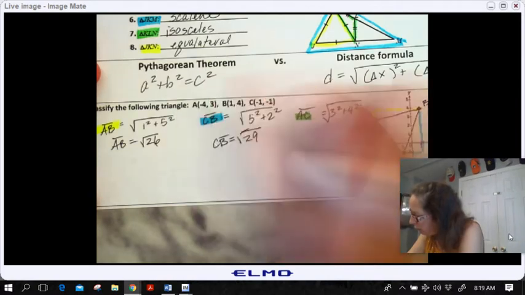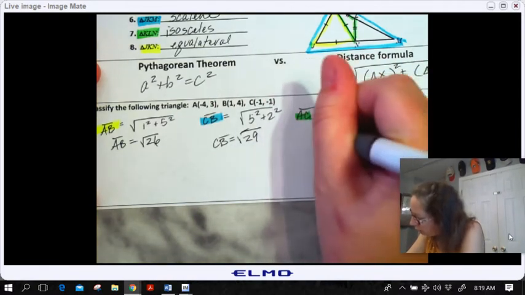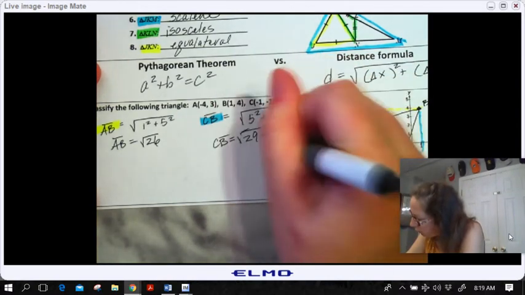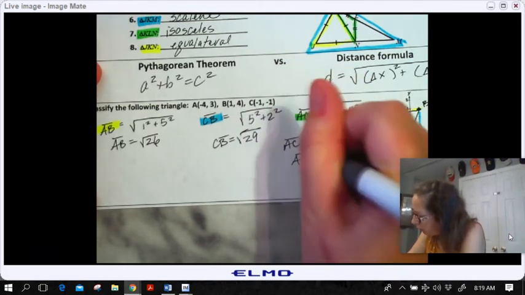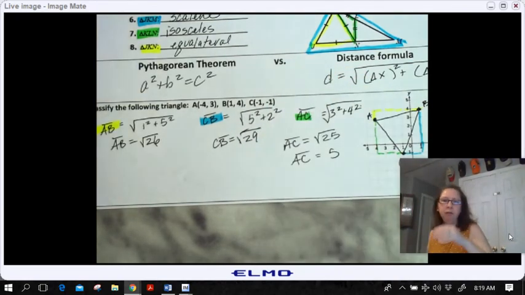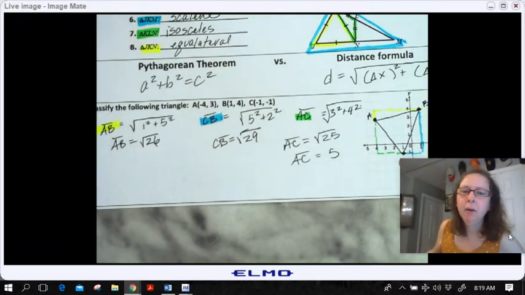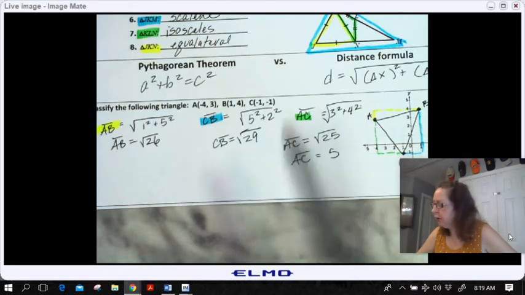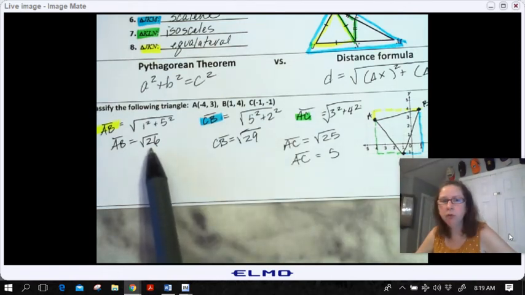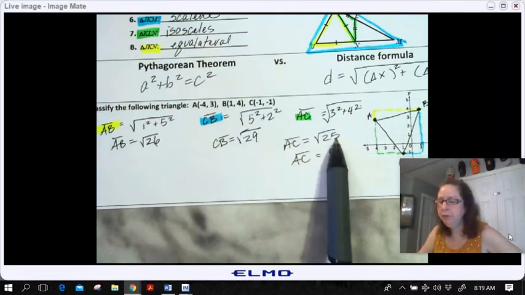That is the square root of 25, which is just 5. So if I can simplify it all the way, I can. But I can already tell you that this triangle is scalene because none of their square root values were the same. So 26, 29, 25.